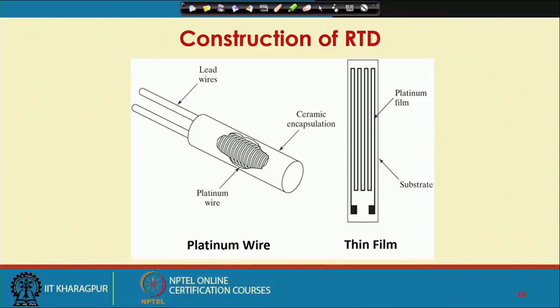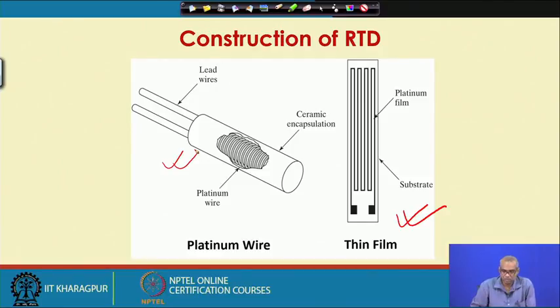So, this is a schematic representation of thin film sensor. Again it shows the wire wound around a ceramic or glass bobbin and there is a protective encapsulation around it.